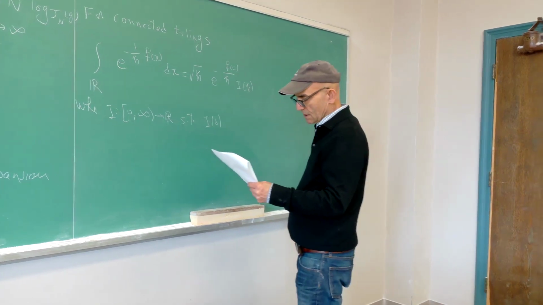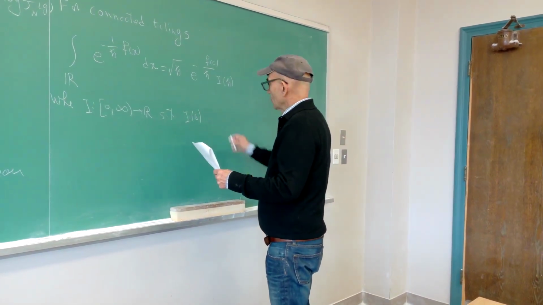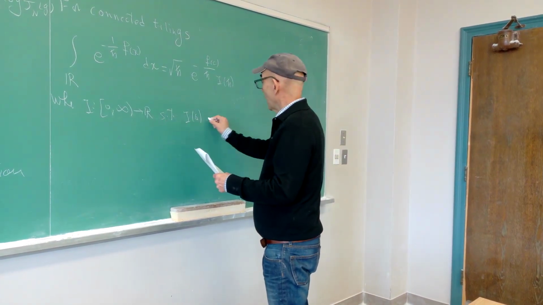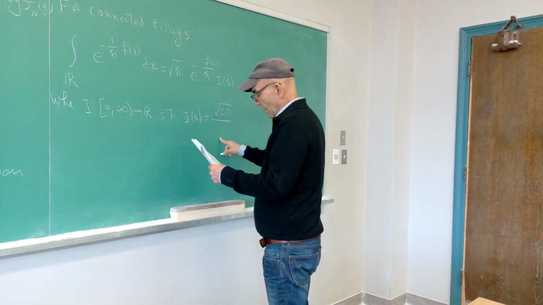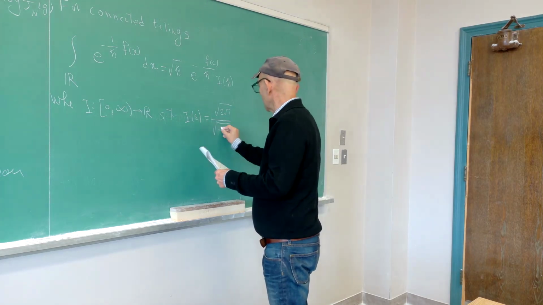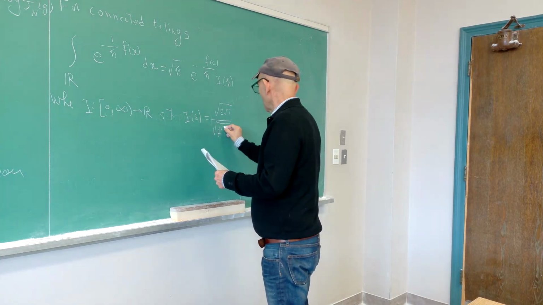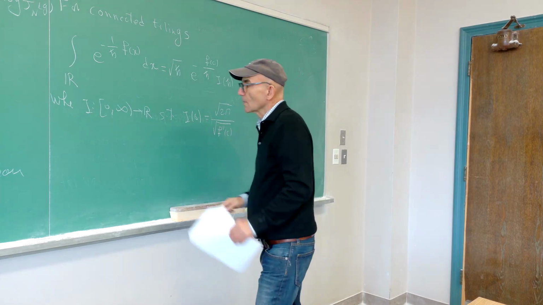So let me write it. I of 0 is equal to root 2 pi divided by root f double prime of c.